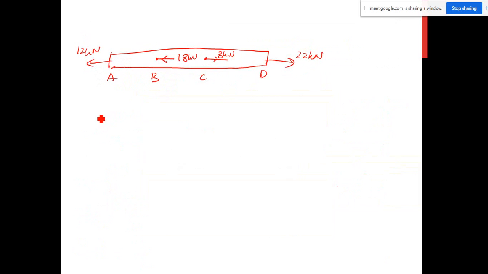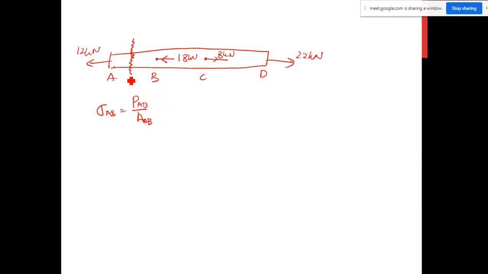So in order to calculate the stress for portion AB, this is equal to PAB over AAB. So what is PAB? You have to do the sectioning at section AB.